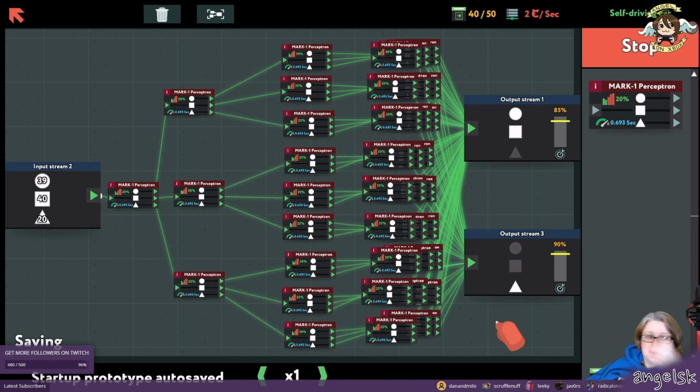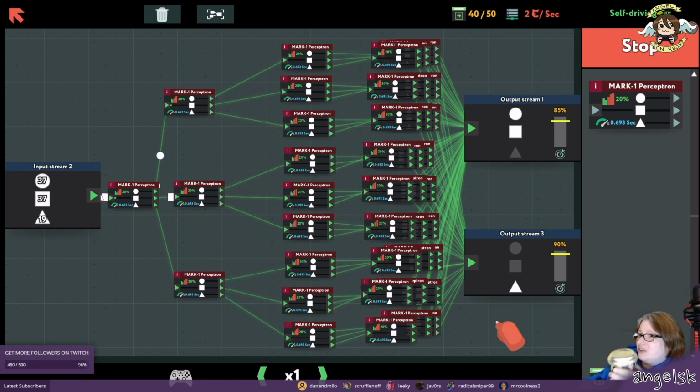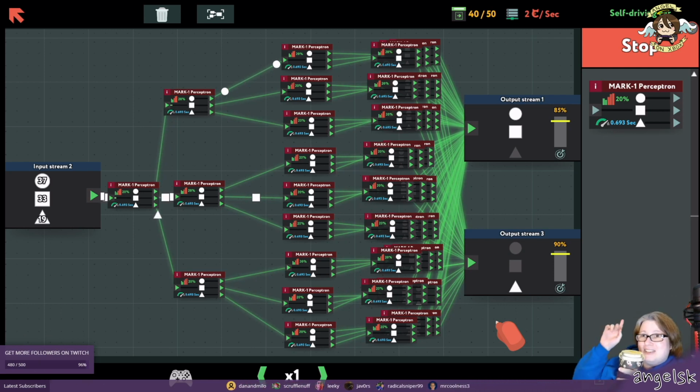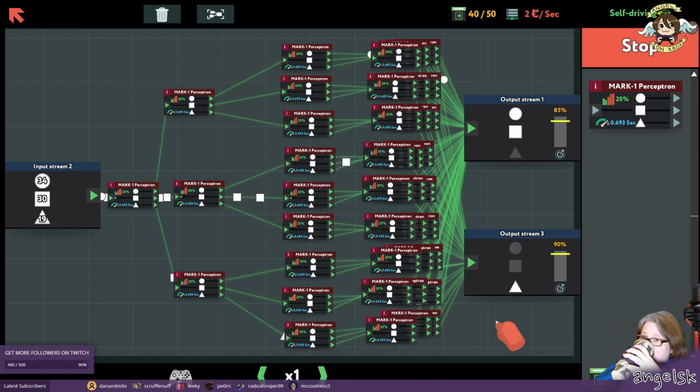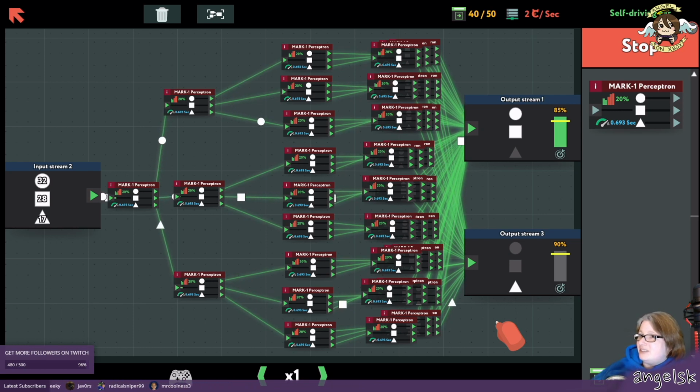Okay, test run. We are not going to be able to determine in that lovely little net what's going on. But the fact that circles are going all which ways tells me that my belief in wanting more accuracy is great.